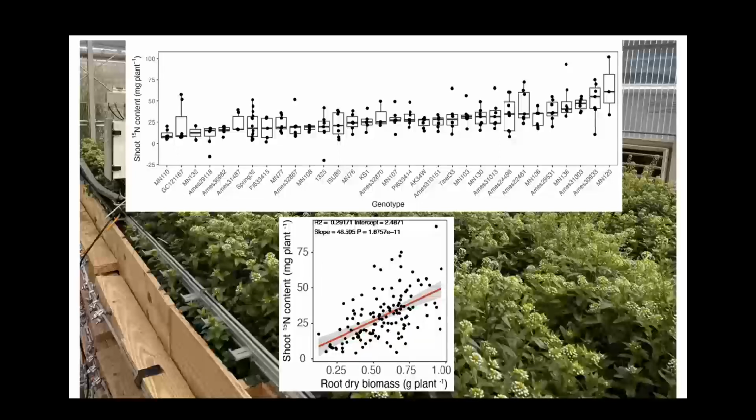When we correlate that with root dry biomass, we get a nice correlation, but we also see lots of things that have high N but don't have the biggest root systems. So we could reasonably at least hypothesize that root system architecture was involved in some of these data. So that's where we're at with this, still chewing on it, but it's a neat way to use the mesocosms, and I think could be pretty fruitful in this project.